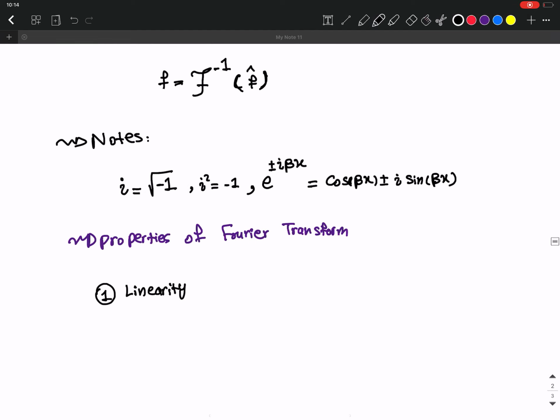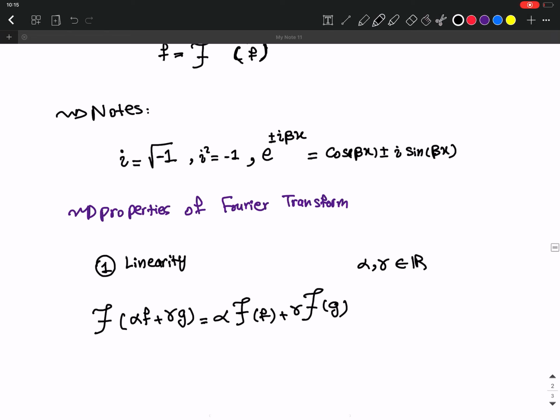Linearity states that the Fourier transform of alpha f plus gamma g, if you multiply alpha and gamma to two functions and then add them together, equals alpha times the Fourier transform of f plus gamma times the Fourier transform of g, for alpha and gamma belonging to real numbers.